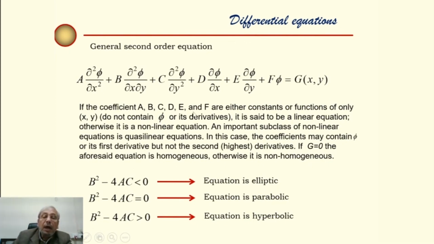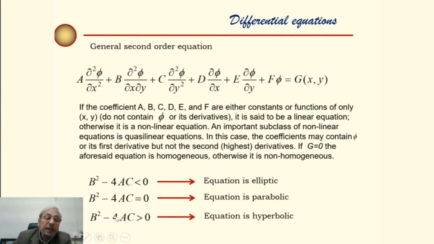Now, the mathematical character of the equation can also be determined from here. We can find out B² − 4AC. If that is less than 0, then the equation is elliptic. If it is equal to 0, then it is a parabolic equation.